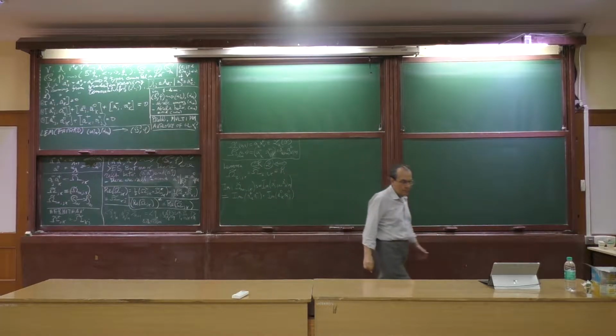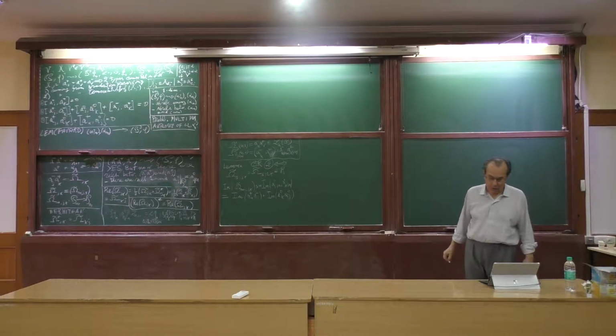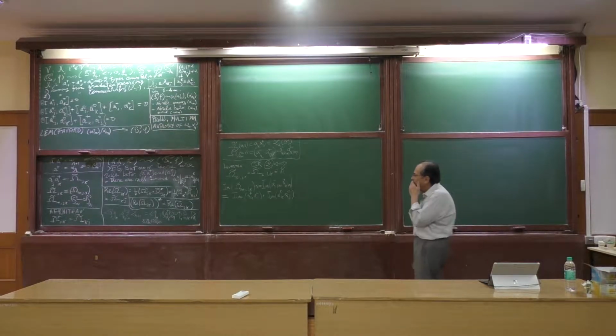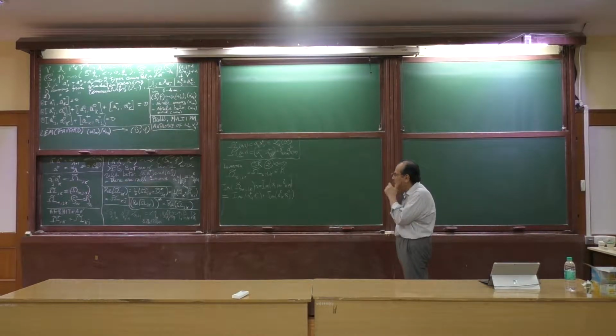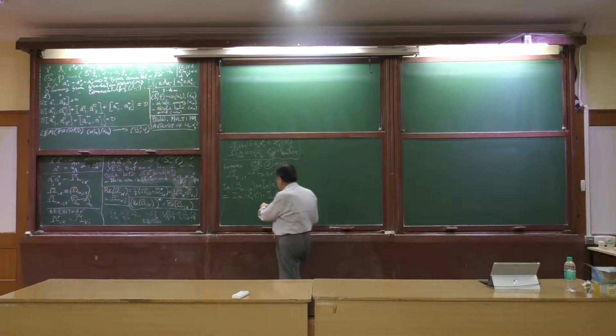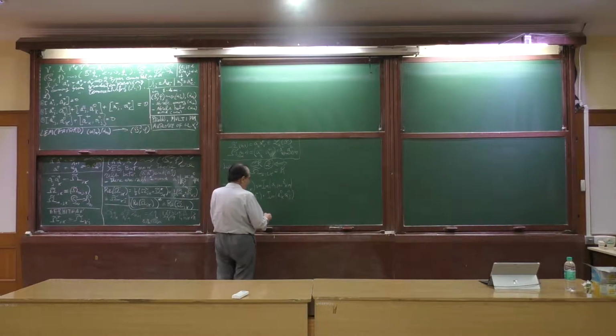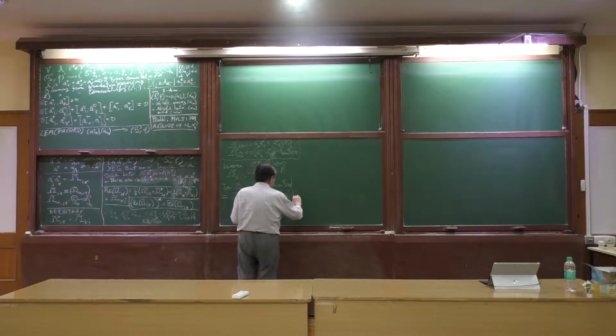This is the relation. Now, you see, of course, here, well, I should put also the restrictions, but let me put here the restriction. This is restricted to n, and this is restricted to n.